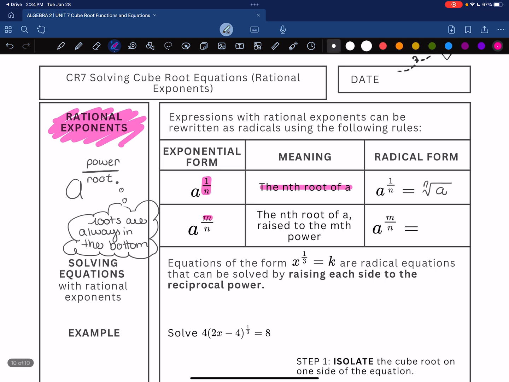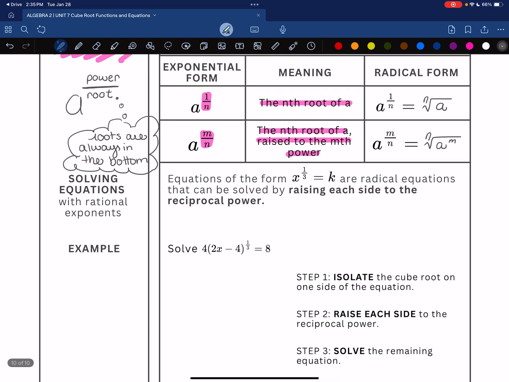Similarly, if we have a rational exponent with a value in the numerator and denominator, then we're taking the nth root, that's the value in the denominator, and we're raising it to the m power. So again, remember that the number in the bottom is the root, and the value on top is the power. That's how you would express that in radical form.